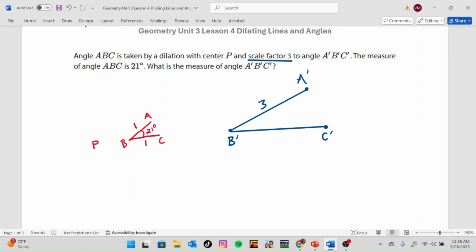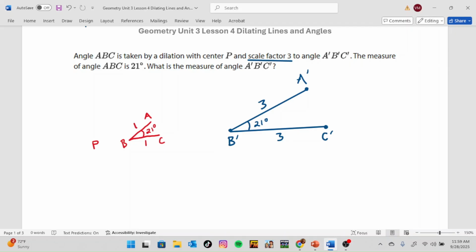And the bottom line goes from 1 unit to 3. But this angle inside is still going to be 21 degrees. The angle doesn't change, just the lengths of the lines.